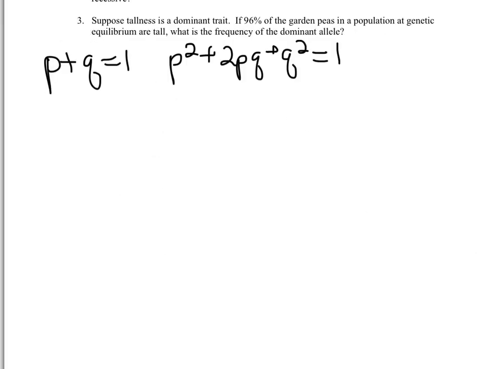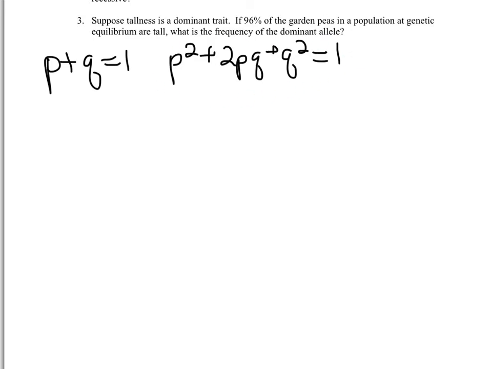All right, here's the next problem. Suppose tallness is a dominant trait. If 96% of the garden peas in a population at genetic equilibrium are tall, what is the frequency of the dominant allele? So, tallness is dominant, and so tallness is coded for by a genotype. So that means we're looking at genotypes.